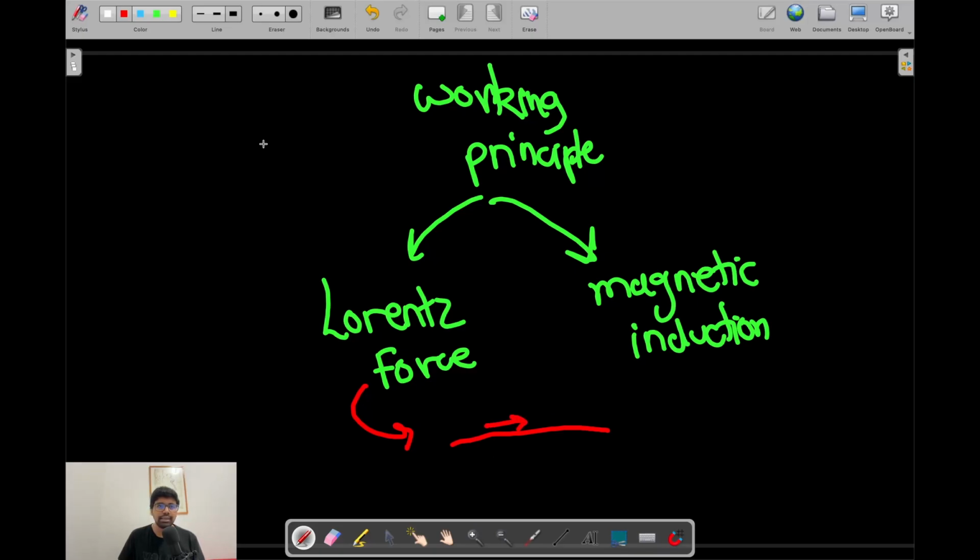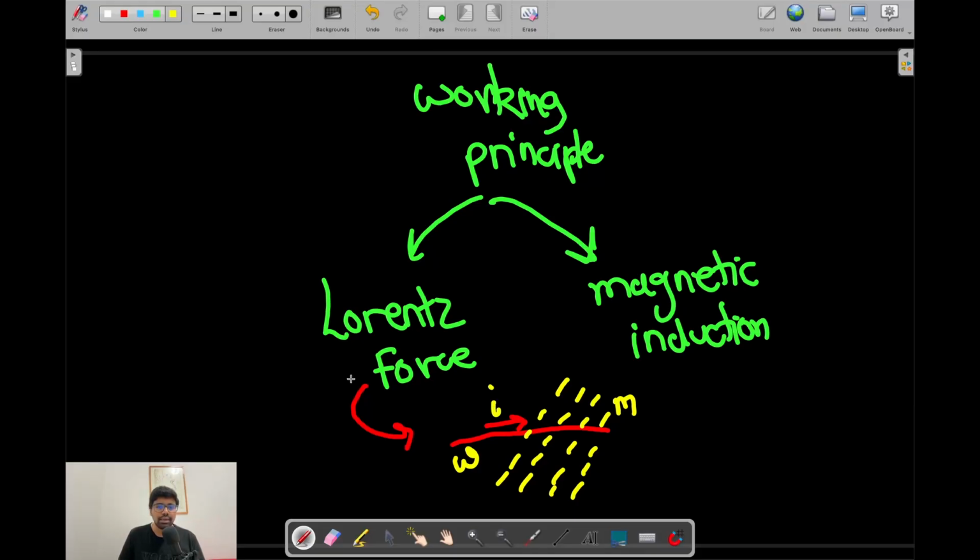Let me depict the magnetic field by these yellow dotted lines. If I place this wire, let's say W, in this magnetic field M, then this wire will experience a force if it is carrying an electrical current. My electrical current I is here.